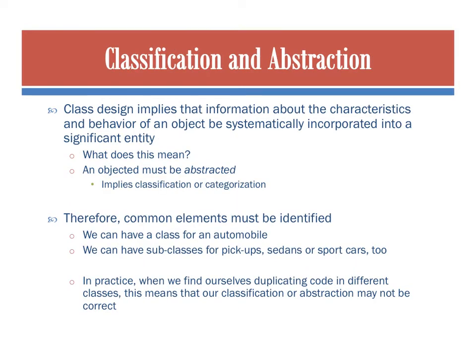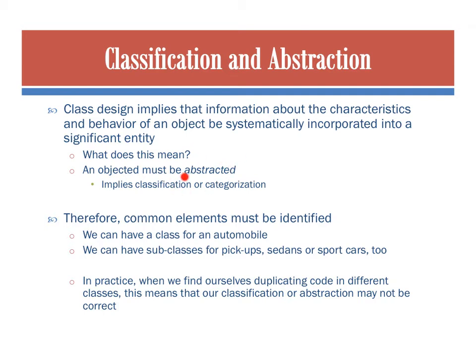So this idea of designing means that we have to have this abstraction about the information or the characteristics and the behavior of that object. So if we, again, using our car analogy, what are the characteristics that make a car a car? What are the behaviors that make a car a car? So we have to incorporate those systematically into that significant entity.